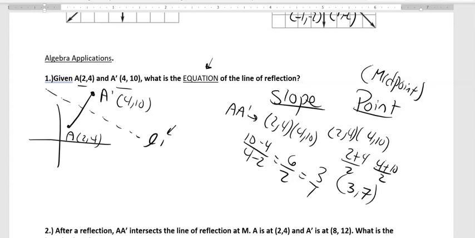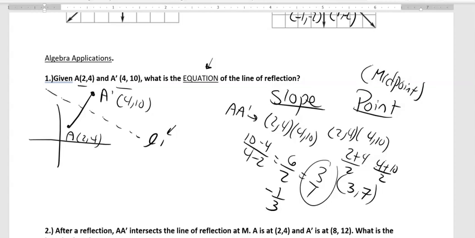So if that's the slope of AA prime, what would be the slope of our line? Remember, they're perpendicular, so it's opposite reciprocal. What's the opposite reciprocal of 3 over 1?